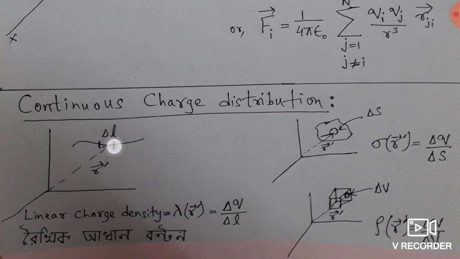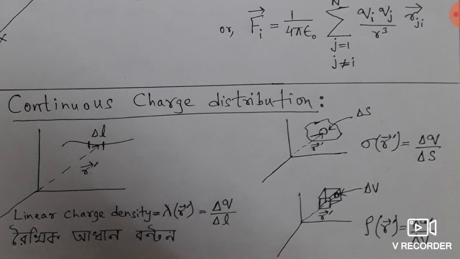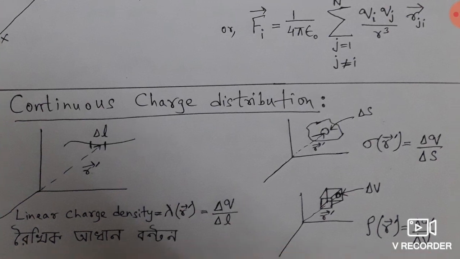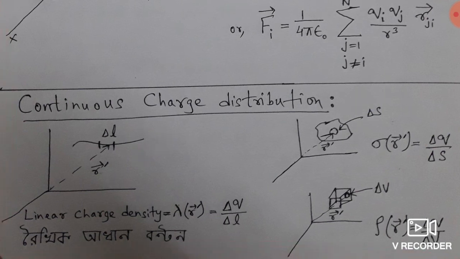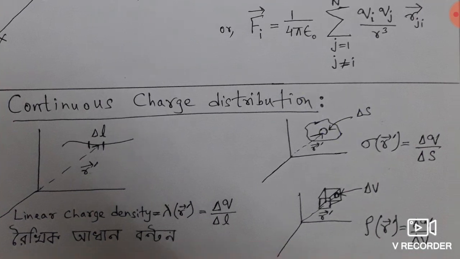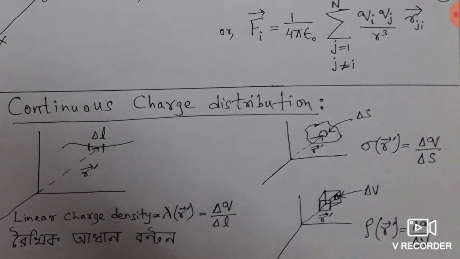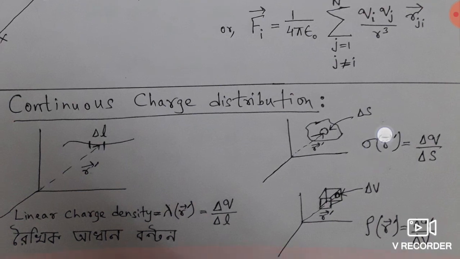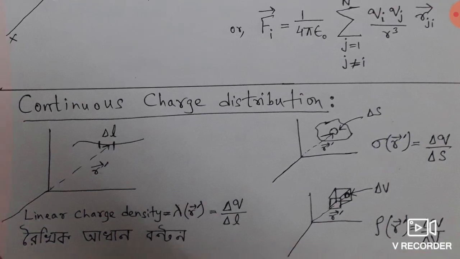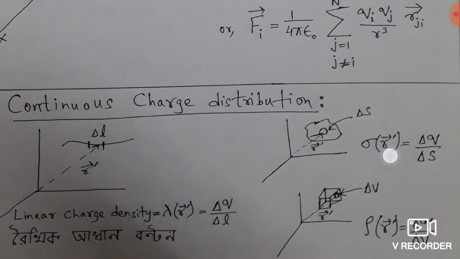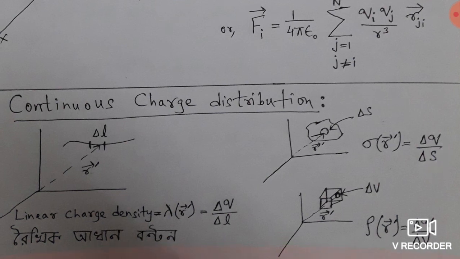Now this is the case of one dimension. Let us move towards two dimensions. In case of two dimensions, instead of a line we consider an area. Let us consider that delta Q amount of charge is present in a small area delta S. Here we define a new term, surface charge density sigma, equal to charge per unit area.